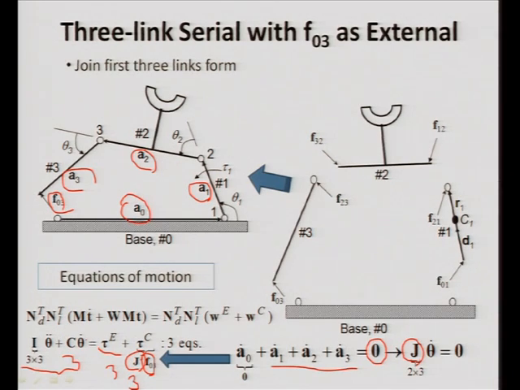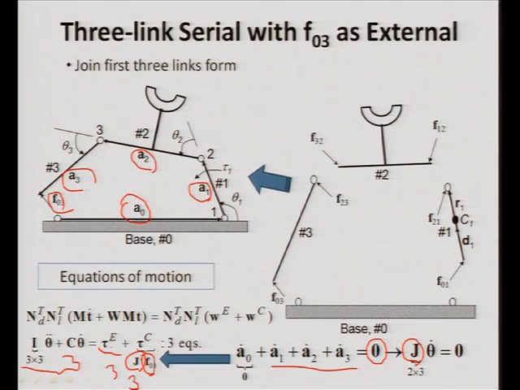So, consistency is maintained. The left hand side we know from our serial chain analysis, so we will not bother about the left hand side at all. Right hand side, tau e and tau c, tau e consisting of the vector of external torques. If you go to the serial chain system, bringing the analogy, here we have only the external torque tau 1 applied, no external torque here, no external torque here.